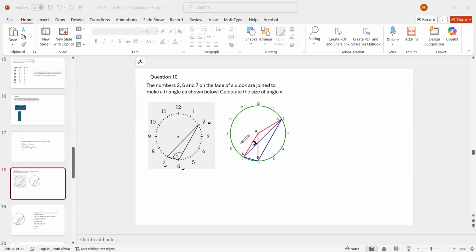If I join it to 8, could have joined it to 9, could have joined it to 10, all these angles would be the same because it's from 6 to 7, 7 to 8, 8 to 9. So all these angles are the same, all these Y's.